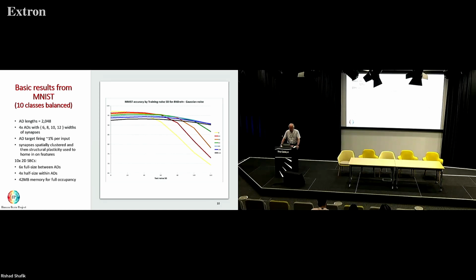Now, it's not perhaps obvious, but what these graphs are showing is how the inference accuracy is affected by noise. And that noise may be added during training or during inference. And the different colored lines on this graph each represent a different training noise.